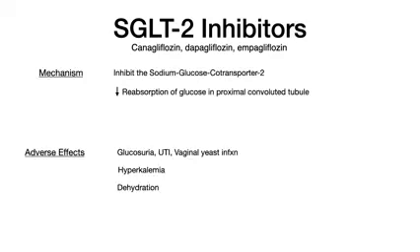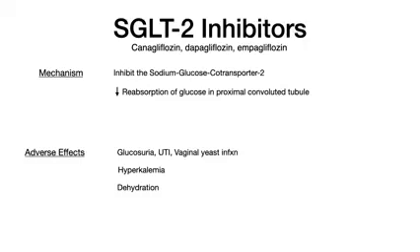The mechanism of the SGLT2 inhibitors, as the name suggests, is that it inhibits a cotransporter called the sodium glucose cotransporter 2, and that's what SGLT2 stands for. And what happens is when you inhibit that cotransporter, you're decreasing the reabsorption of glucose in the proximal convoluted tubule of the kidney, and we'll talk about that mechanism more in depth in just a moment.